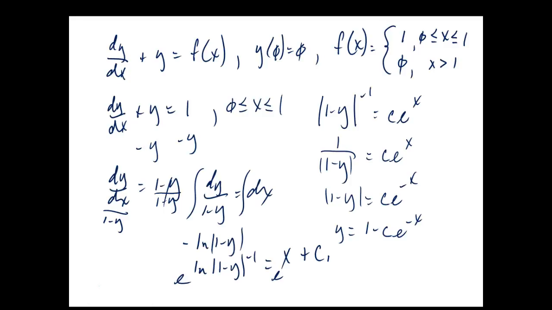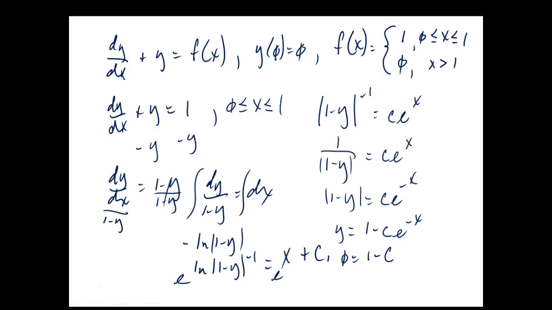Okay. I think that gives us what it is, and that's where we should plug in x equals 0, and y is equal to 0. So 0 is equal to 1 minus c, right?